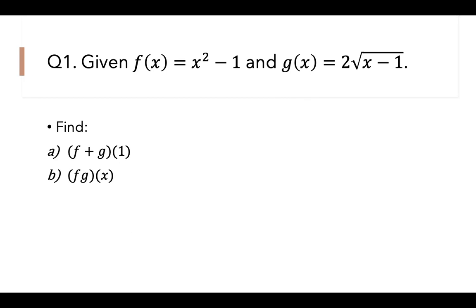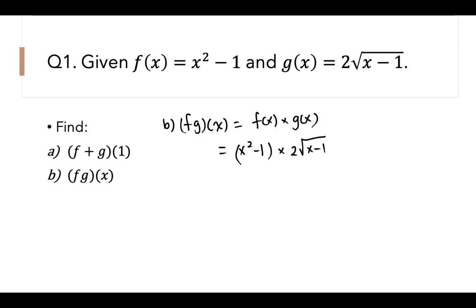Okay, now let's try the second one. B. So f times g, so we're combining in terms of x, is equal to f of x times g of x. So therefore, we're going to multiply f of x, which is x squared minus 1, times 2x minus 1.